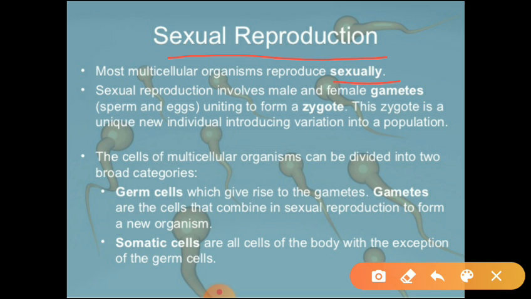Sexual reproduction involves male and female gametes. Male gametes we can call sperm and female gametes we can call eggs. When they unite together to form a zygote, this zygote is a unique new individual introducing variations into a population.